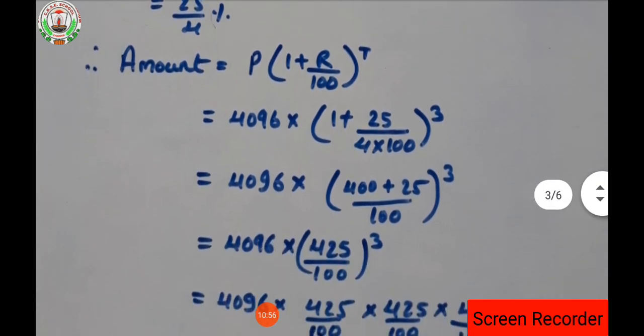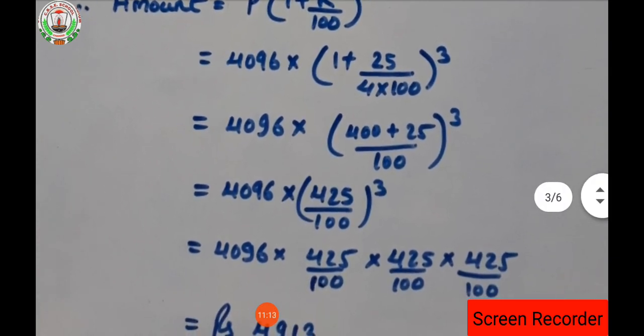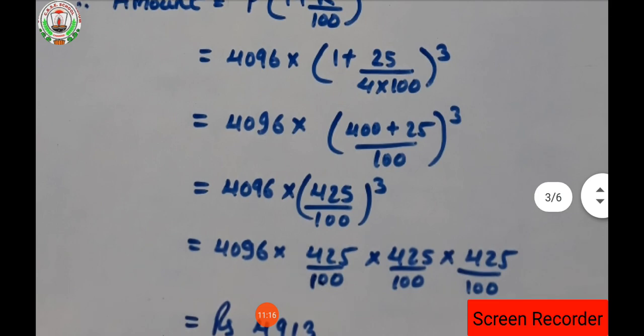Okay. Then after that, amount is equal to P into 1 plus R upon 100 whole to the power T. P we are having as 4096 into 1 plus 25 upon 4. Since the rate is in the form of a fraction, 4 will come with the denominator 100 itself. So 25 upon 4 into 100 whole to the power 3 we are having. Okay. So 4 into 100 will be 400, and it will be cross multiplied with 1.